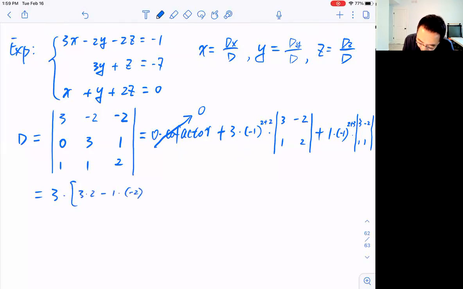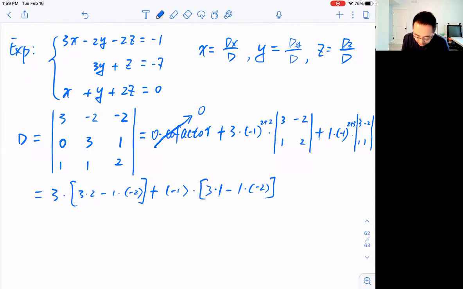That's the determinant of that 2 by 2 matrix, plus 1 times -1 to the 5th power, which is -1. So this is -1 times the determinant of that 2 by 2 matrix, which is 3 times 1 minus 1 times -2. I need to do a bracket here.